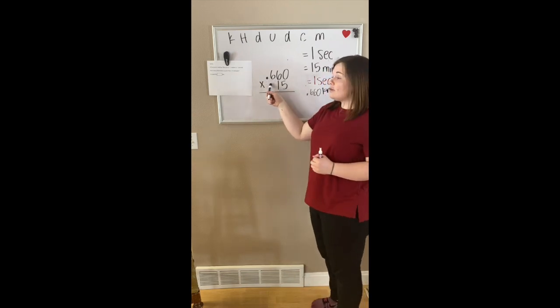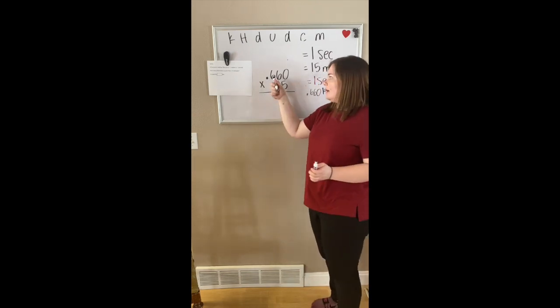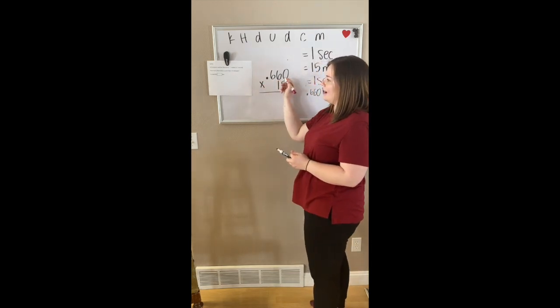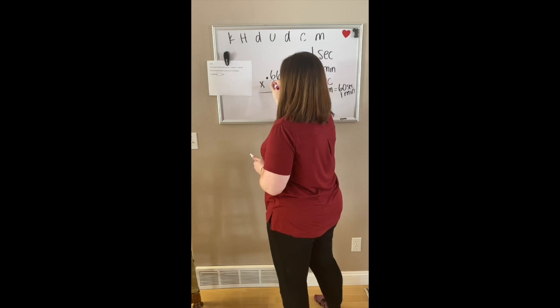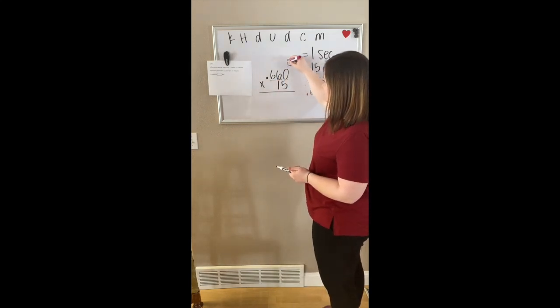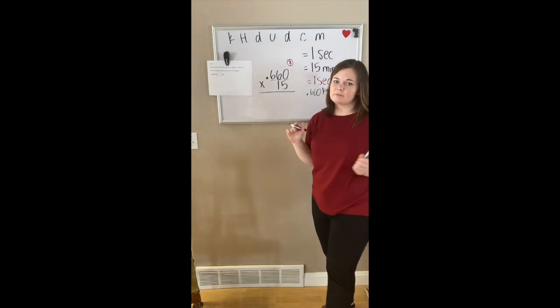So I notice that I'm multiplying and I have a decimal, so I have to get rid of the decimal. So I see how many places to the right I have of my decimal. I have 1, 2, 3. So I put a little 3 in a small circle at the top, and I forget about my decimal for now.